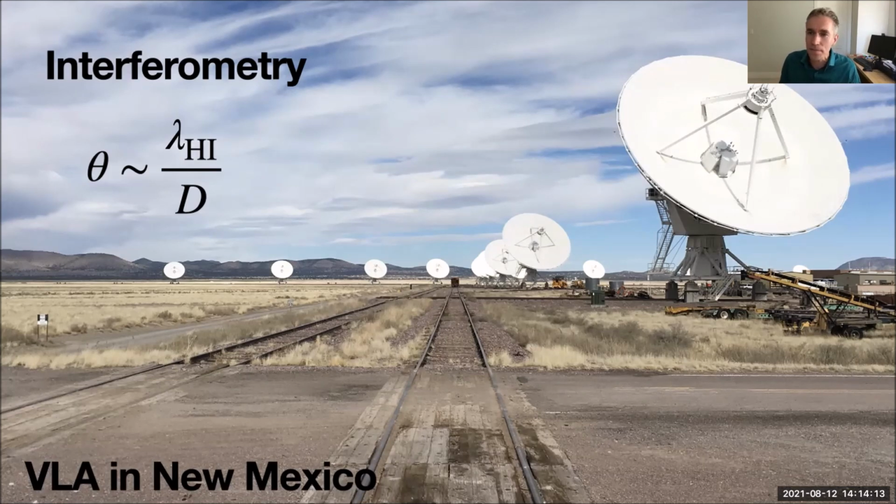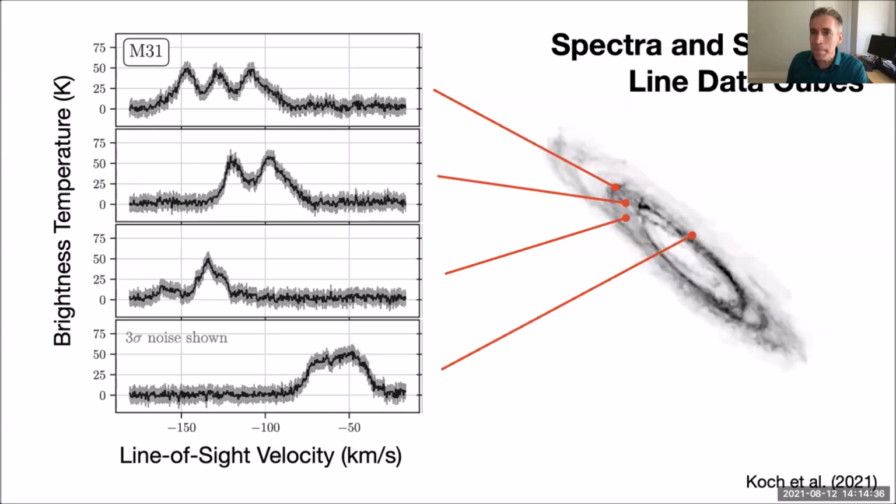And when you use interferometry, the relevant size is the separation between the antennae. And so all of the data that you're seeing is going to be coming from the VLA in New Mexico, which is pictured here. But this instrument has really enabled a lot of the science that we're talking about.